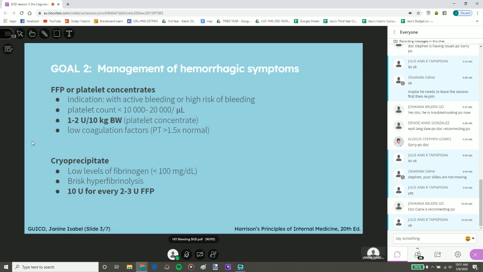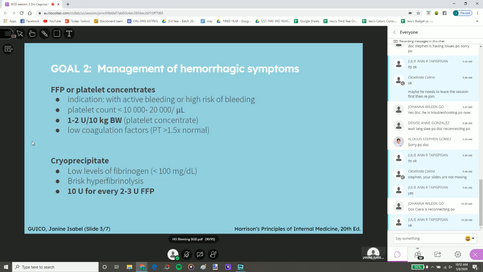Another indication could be a low platelet count of less than 10,000 to 20,000 per microliter, given that the patient has marrow failure and is not clinically bleeding. Relating this to our patient, he has active bleeding profusely at the mouth area, therefore platelet concentrates are indicated and the dose would be 1 to 2 units per 10 kilogram body weight.